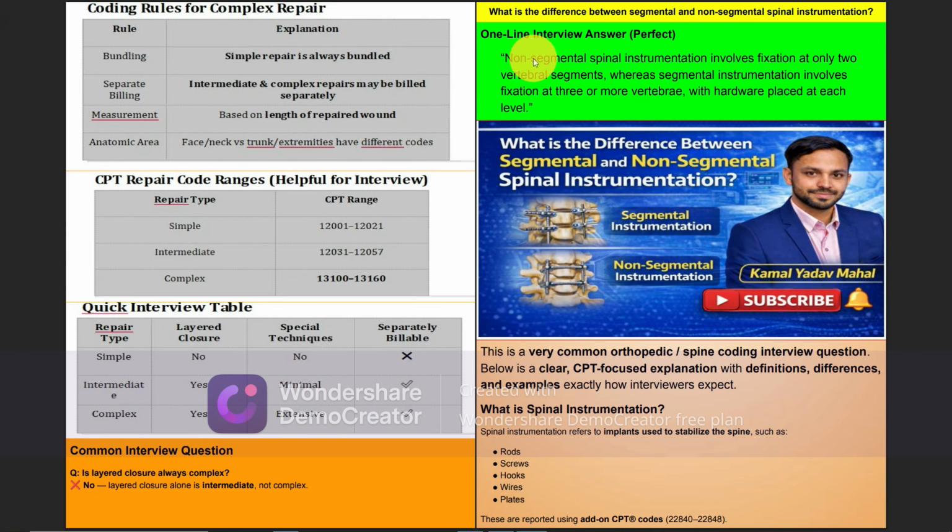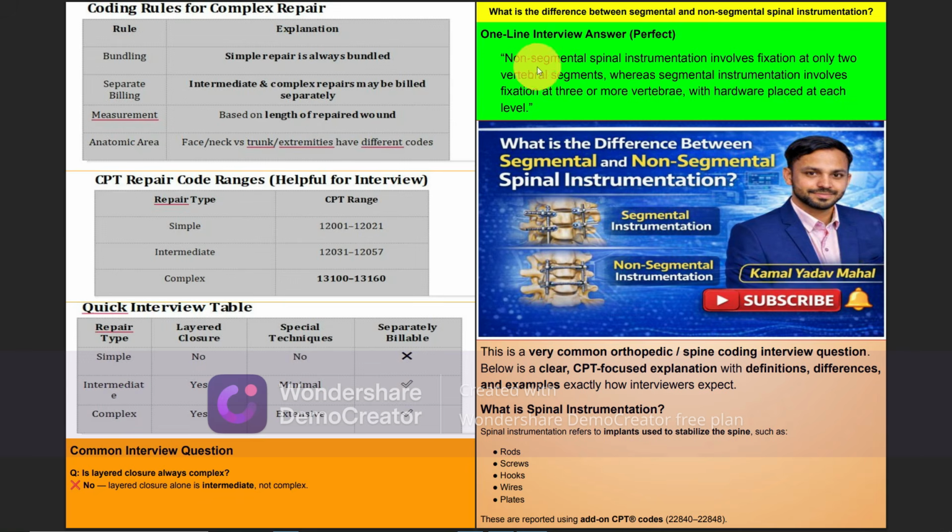Let's see. Non-segmental spinal instrumentation involves fixation at only two vertebral segments, whereas segmental instrumentation involves fixation at three or more vertebrae with hardware placed at each level.